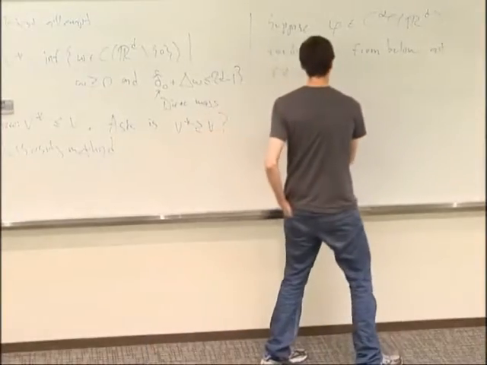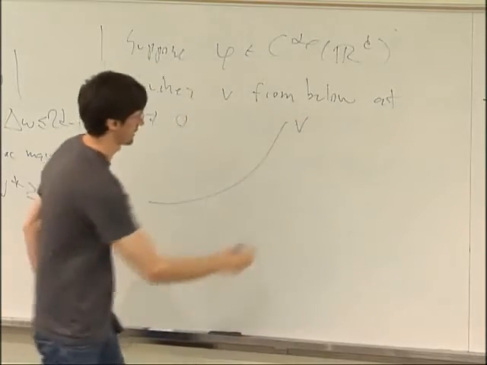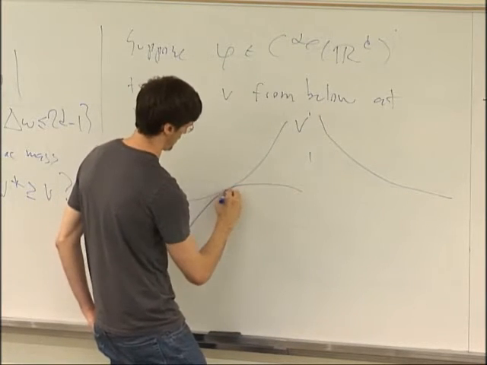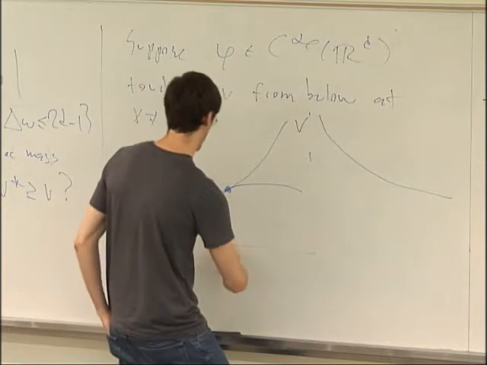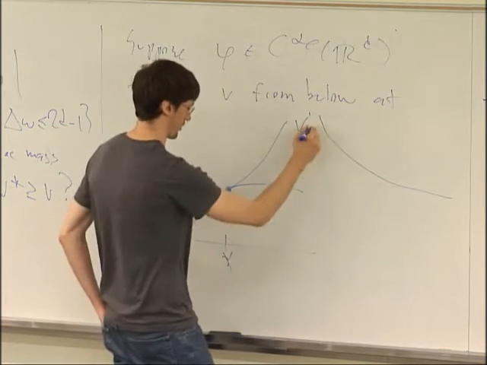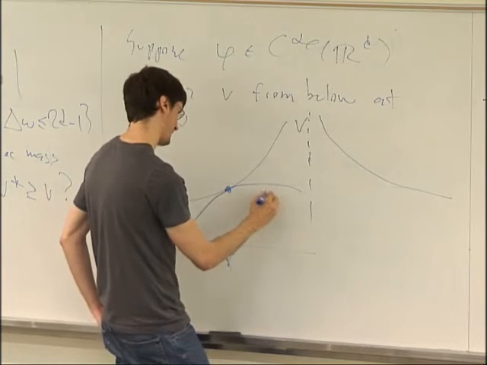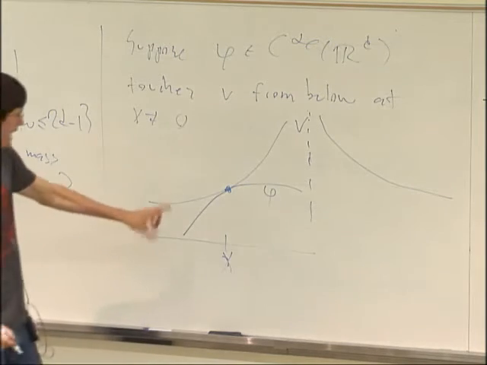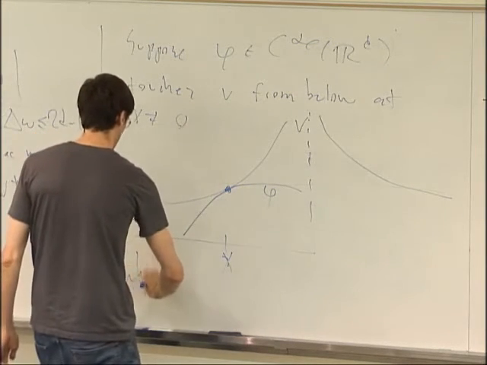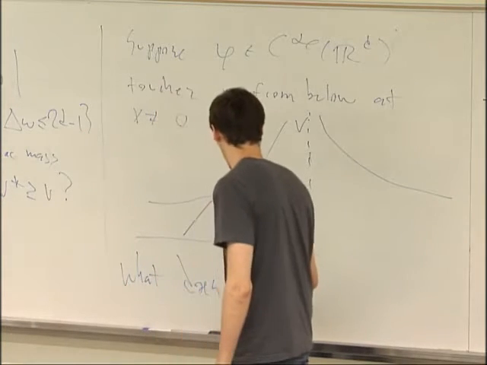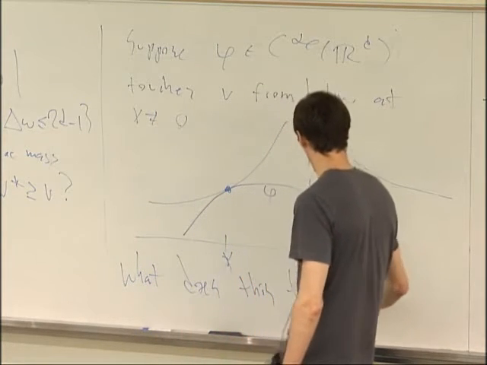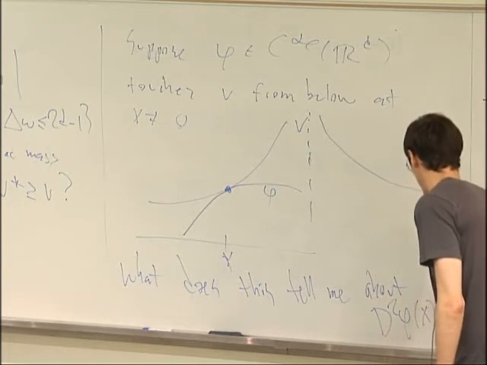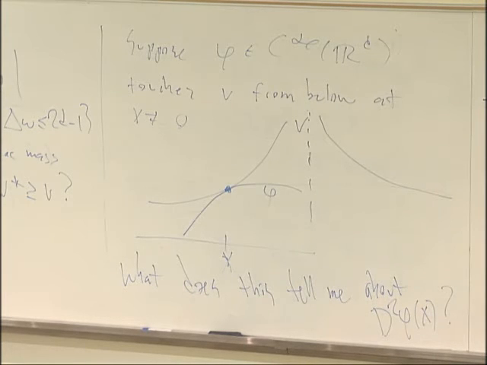So the picture is, I have this v sitting here, going up to infinity, and I touch it from below at some point x, which is not the origin, where the vertical asymptote is. So what I want to ask is, what does this tell me about the Hessian of phi at x? This is what I want to know.